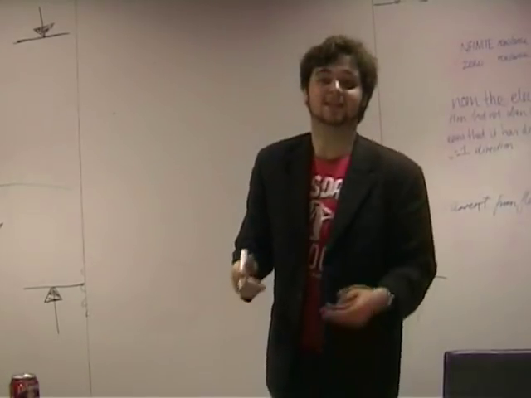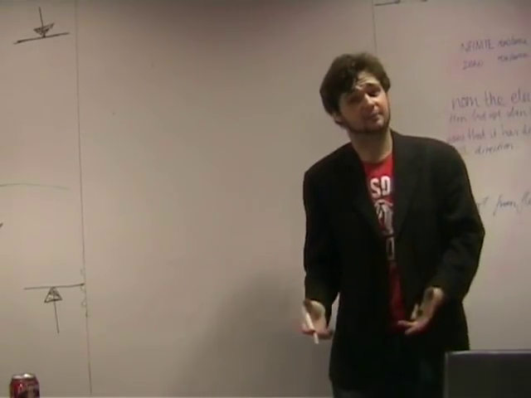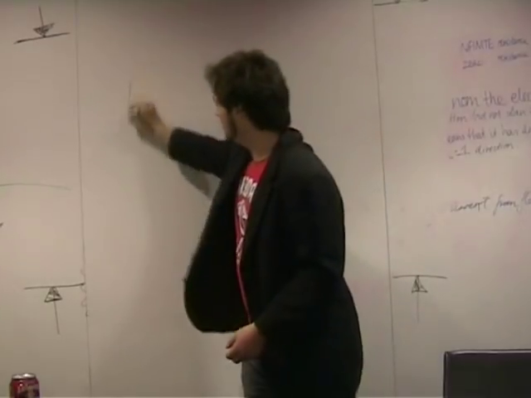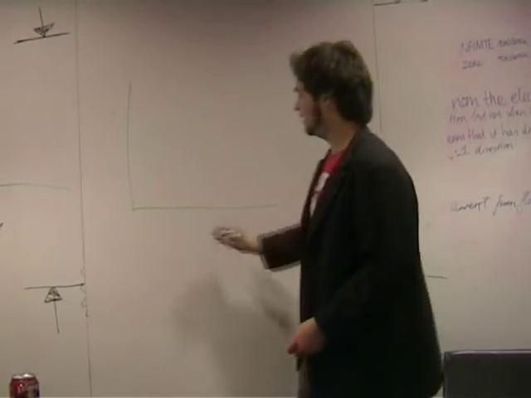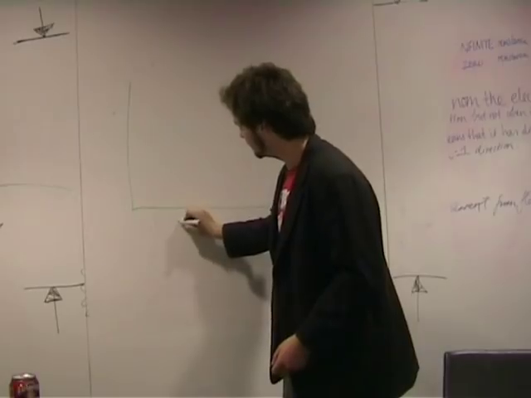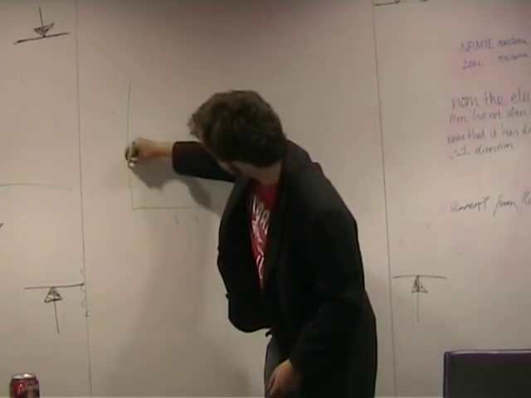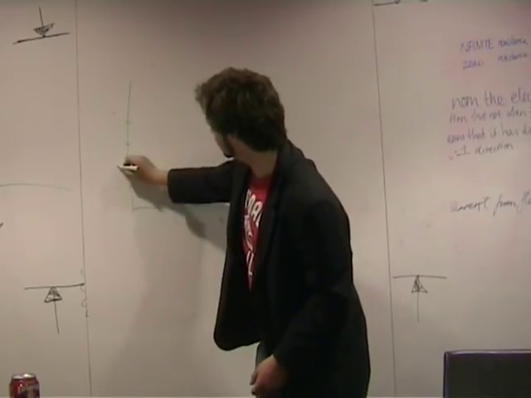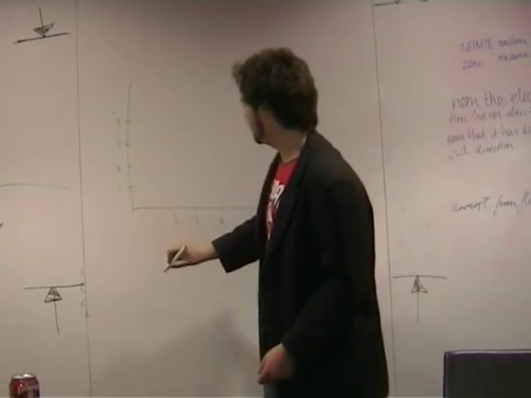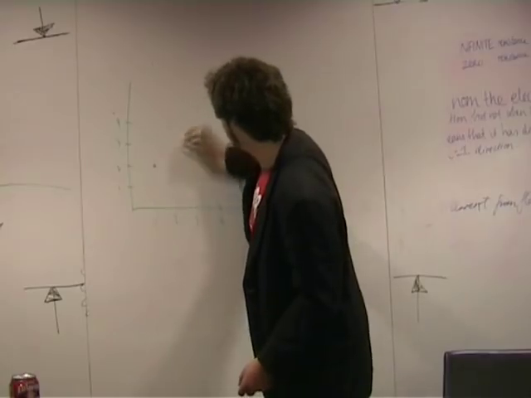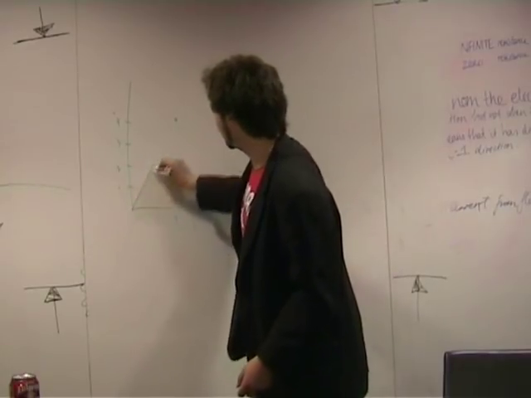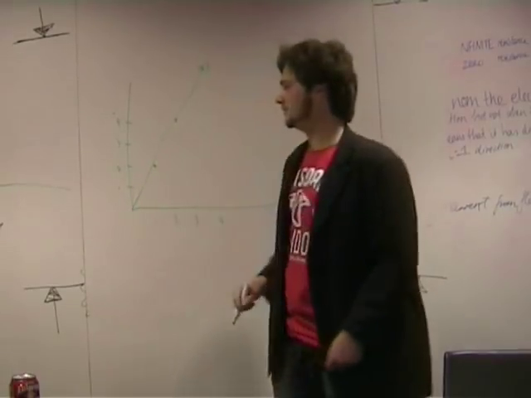So, let's say I had a graph of something, all right? We'll go 1, 2, 3, 4, 2, 3, 4, 1, 2, 3, 4, okay? And it looks like that.